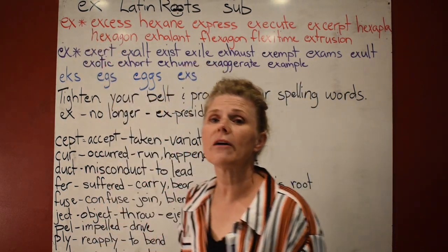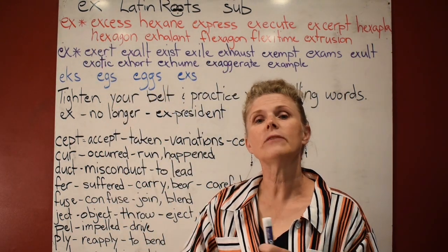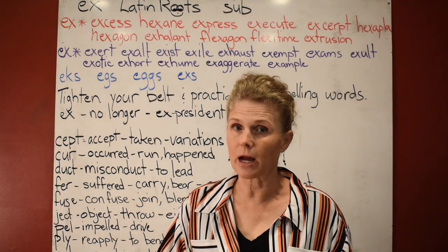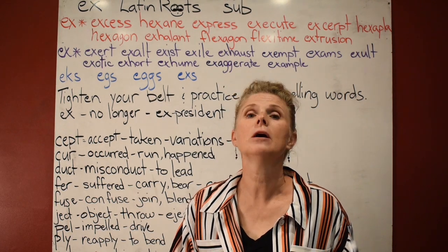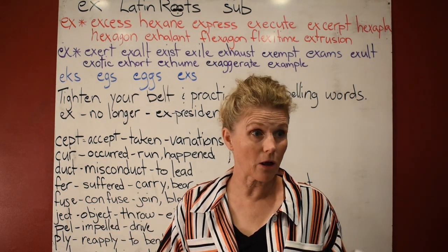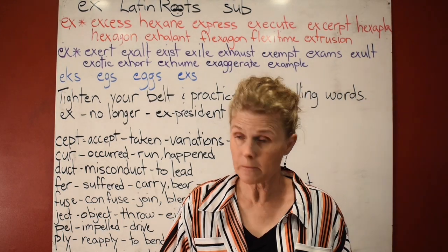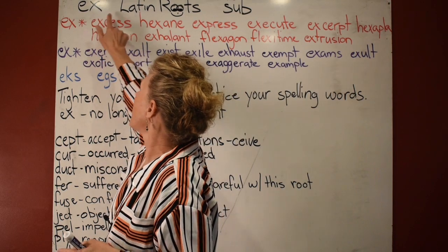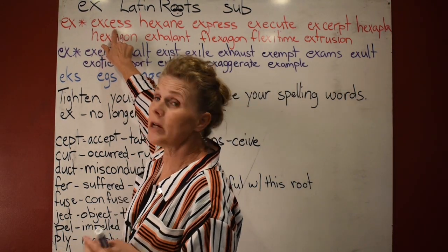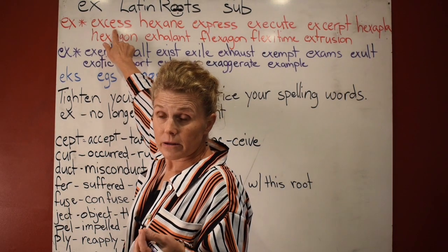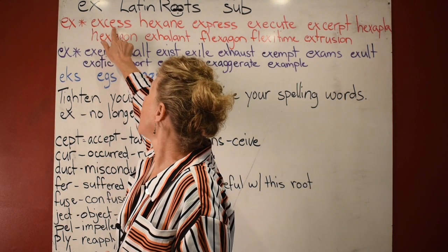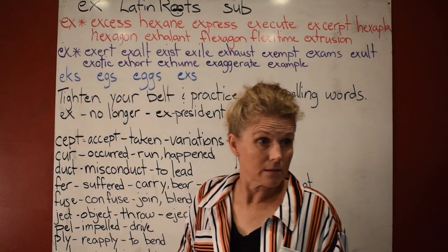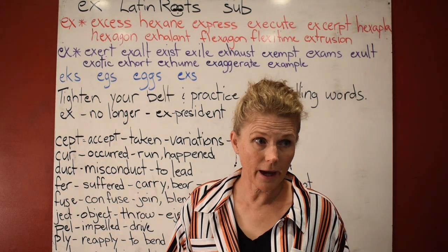But we never spell EXS. Even though you hear EXS, we don't spell EXS. I'm sure there's a word out there that has an exception, but as a rule, we do not spell our words that way, okay? So, if you hear a double S, you want to spell that with a C, and then you know it's going to have an E, I, or a Y following it because it cannot be an S. Okay?